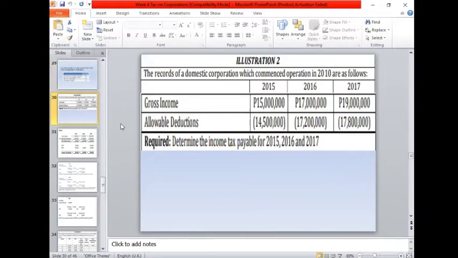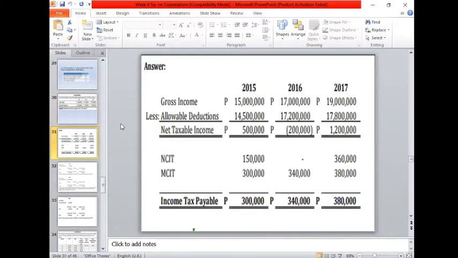So let's have the following example here. The records of the domestic corporation which commenced operation in 2010 are as follows. So we have the following gross income and allowable deductions from 2015 up to 2017. The requirement is to compute for the income tax payable for 2015, 2016, and 2017. Okay, let's break it down.